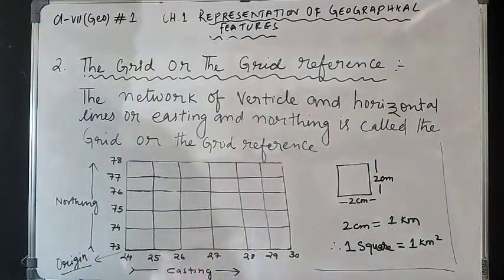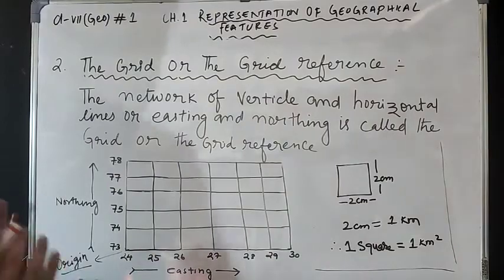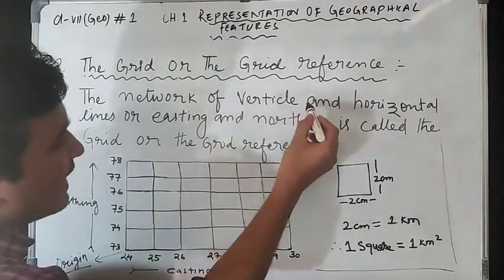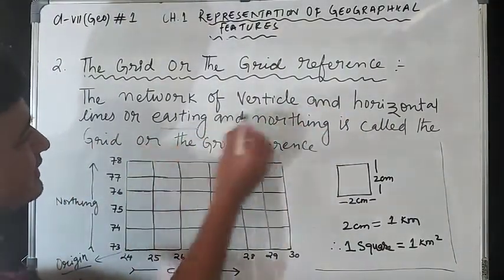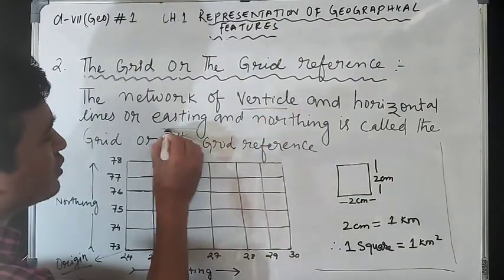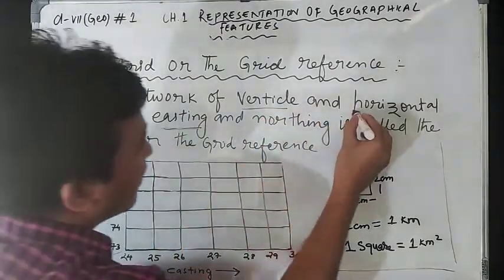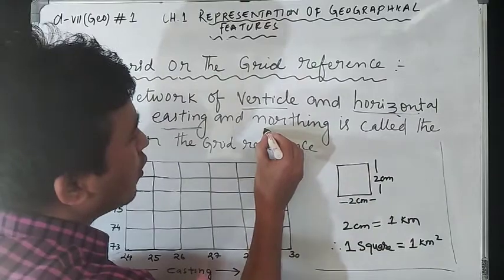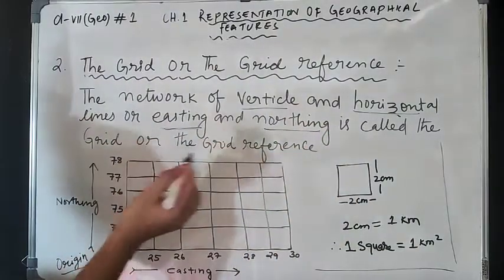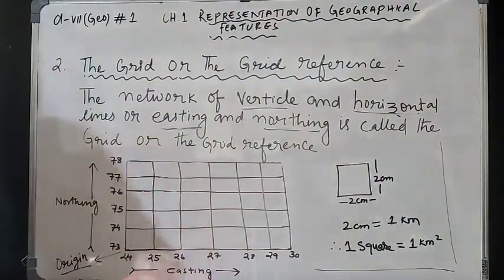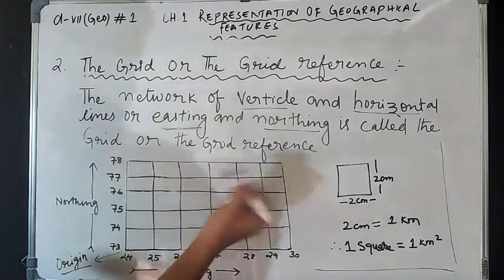I think you have studied this in your mathematics. Okay, so the network of vertical lines, which is also known as easting, and horizontal lines, which is also known as northing, is called the grid or the grid reference.